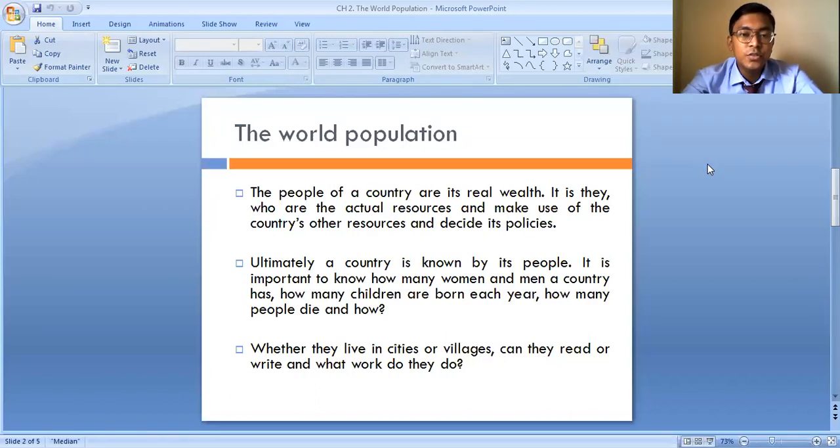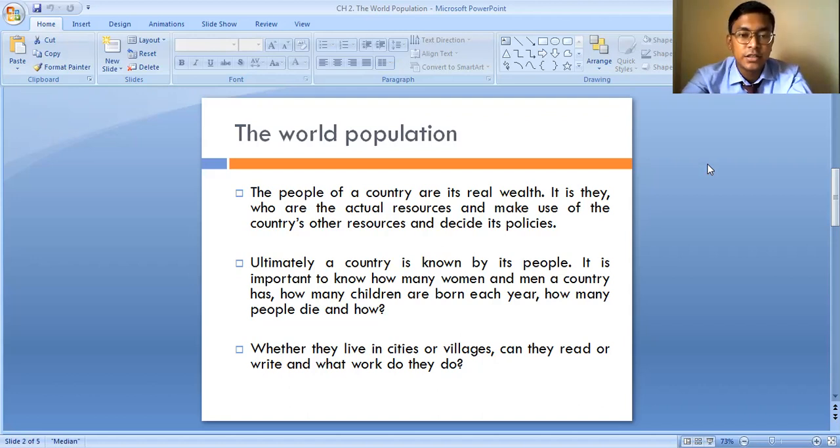This is why it is said that the people are the country's real resources, or real wealth. These people make use of the other resources for the social, economic, and cultural progress of a nation, a country, or a place.